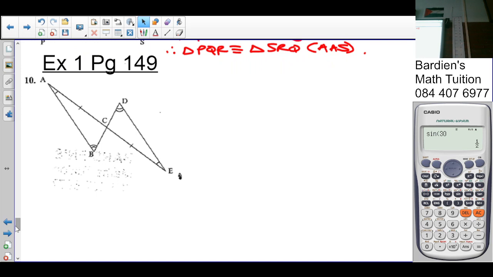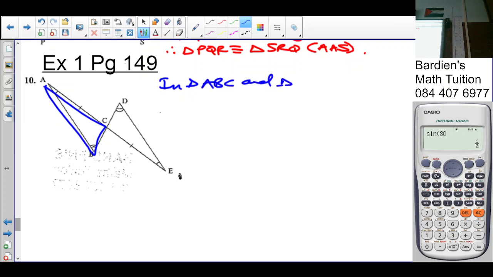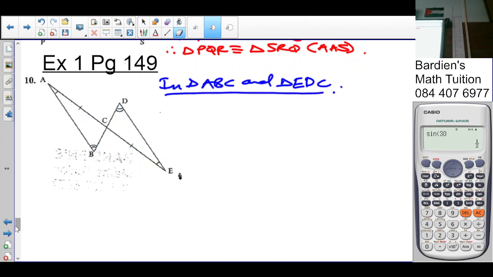Last one, people, number 10. In number 10 we are given this case here. So what are we going to do? In triangle ABC and triangle EDC, what can I say?